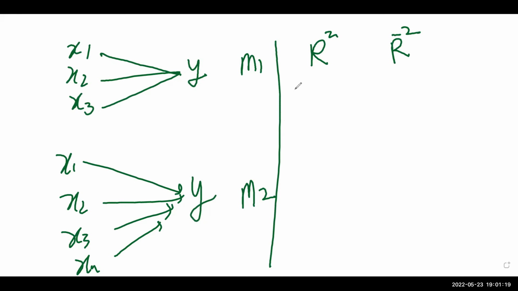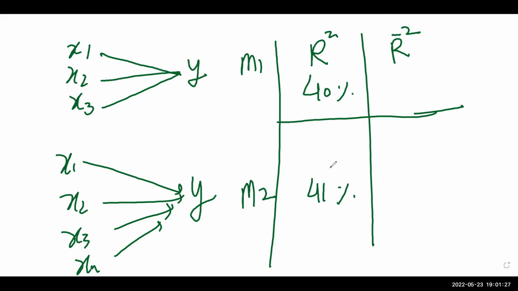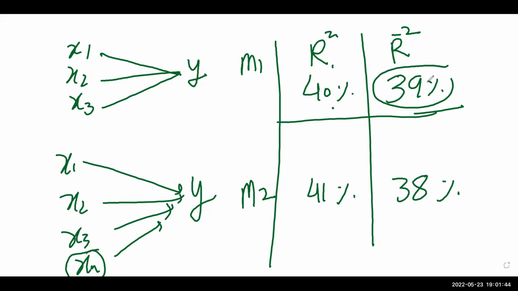Suppose R square is 40% and then 41%. On the basis of R square, you would say that model 2 is good, because R square always increases if you add a new variable in the model. But suppose adjusted R square is 39% and then 38%. So if you compare the adjusted R square, you see that the adjusted R square of the second model is low.